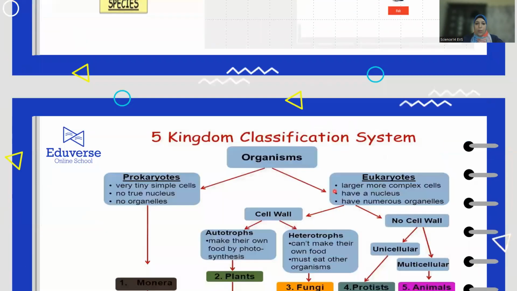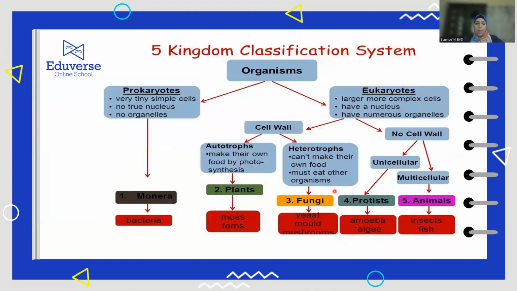Then, during our lessons, we will discuss the 5 kingdoms, the classification of the 5 kingdoms. But firstly, let's classify the living organisms in general before classifying them into kingdoms, into prokaryotes and eukaryotes. Prokaryotes, of course, are very tiny.